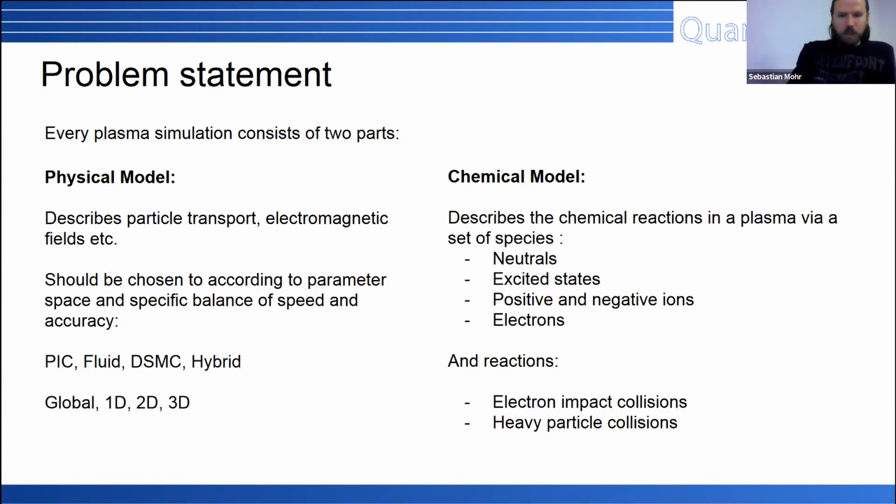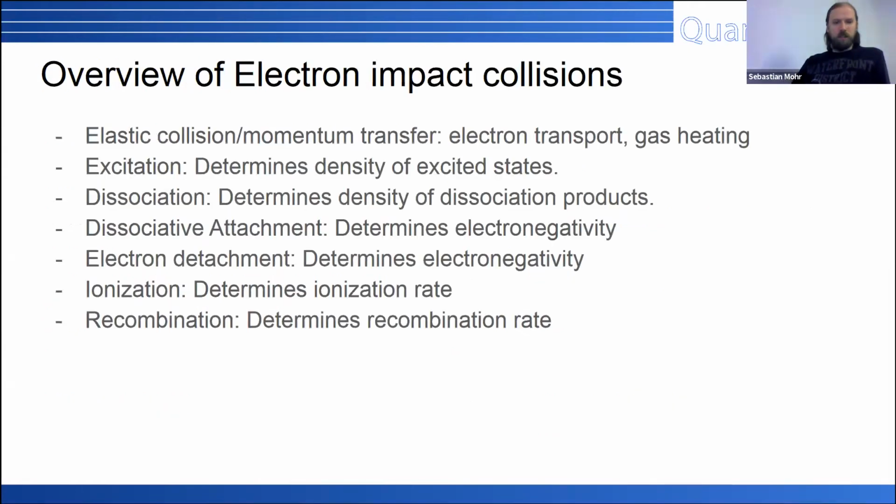What I'd like to do is to give you an overview of the kind of collisions which can take place in the plasma and how they influence the plasma densities. Let's start maybe with some electron impact collisions. Basically, you see a list of the basic electron impact collisions.